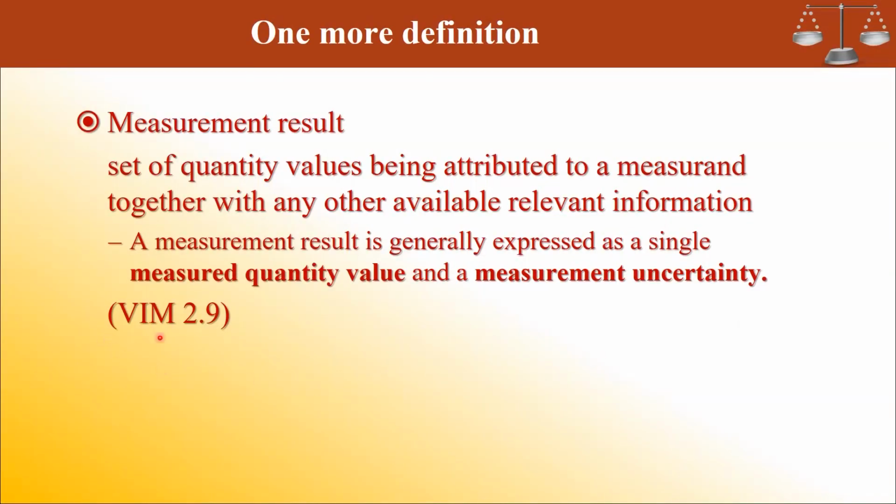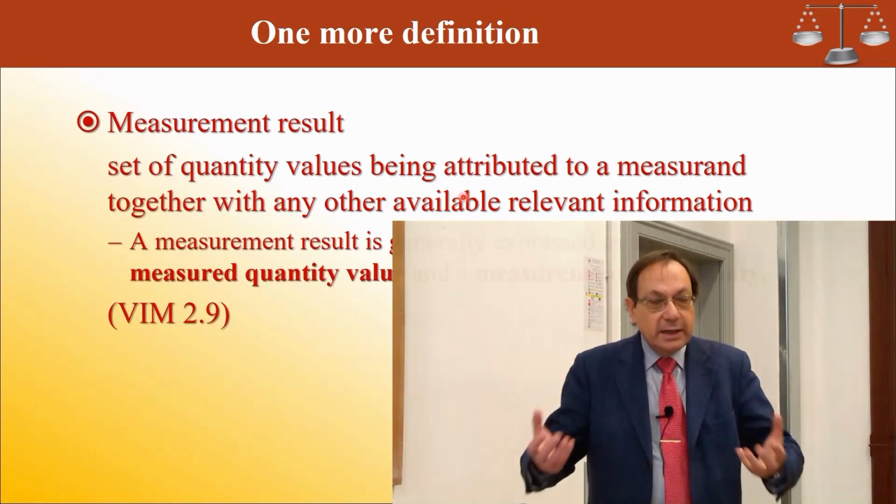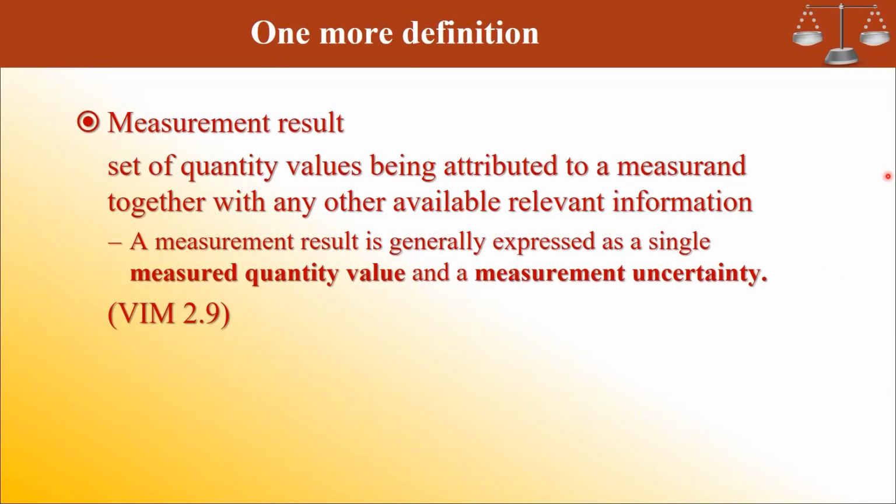So now we can see one more definition, which is the definition of measurement result. It's again given by the vocabulary, Article 2.9. It says that a measurement result is a set of quantity values. So not only a single quantity value. This is meaningless. It doesn't carry any information, but a set of quantity values being attributed to a measurement together with any other available relevant information. Why do we need this?